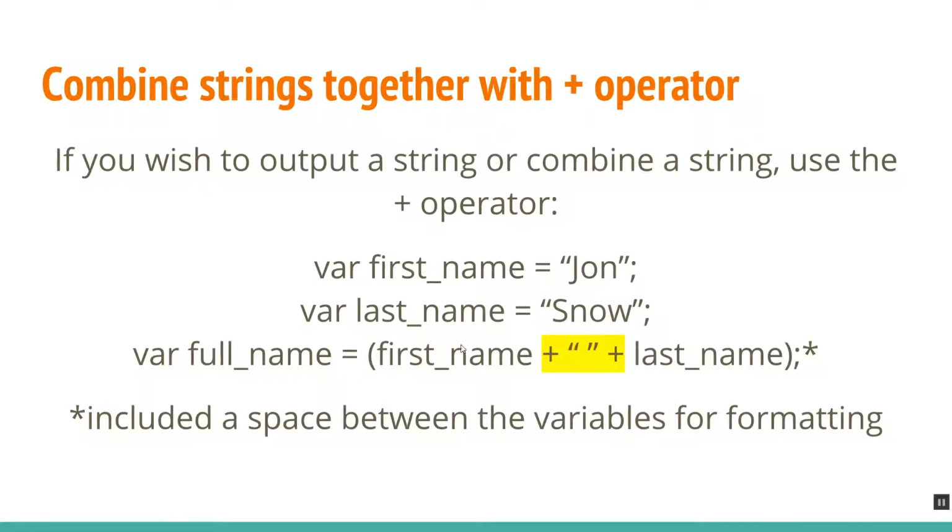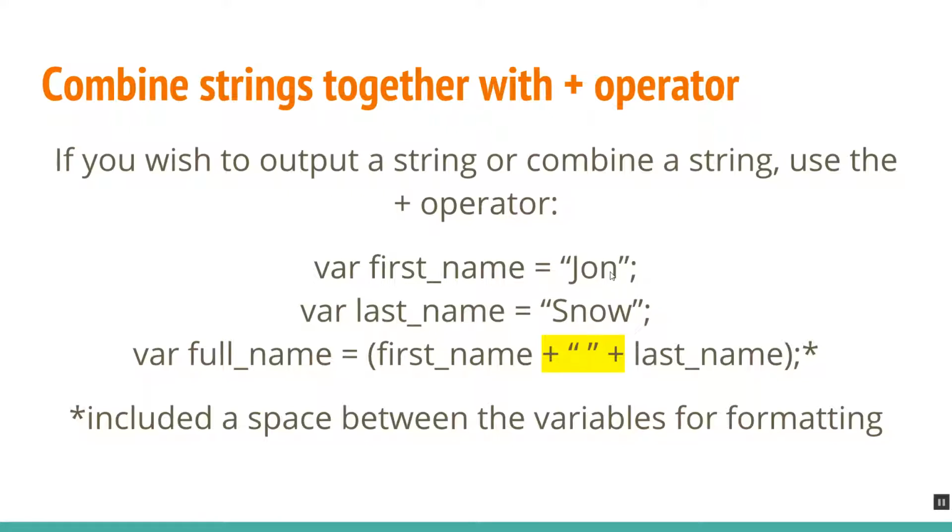Here's another example. If you have two variables, first name and last name, and you want to create a third variable called full name by combining the values together, you can use the plus operator here to combine them together.